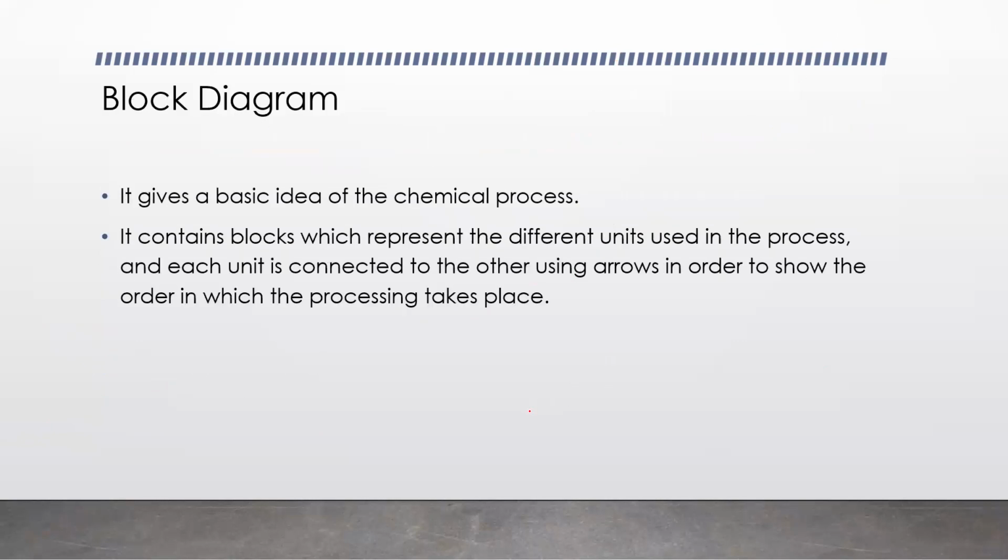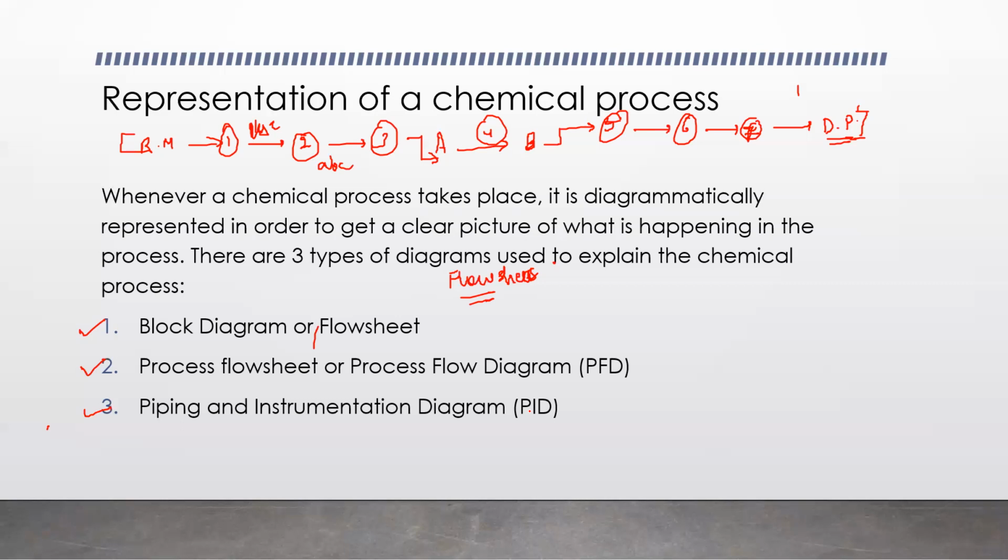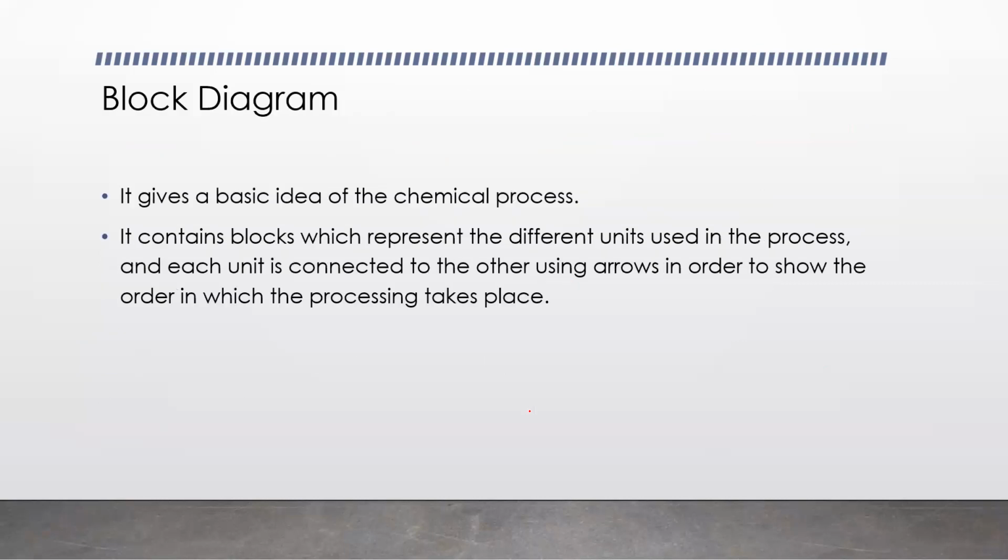So when we talk about a block diagram, it gives us a basic idea of the chemical process. All right. So it contains blocks which represent the different units used in the process. For example, let's consider this process. Raw material goes into unit number 1, unit number 2, unit number 3. Then it gives us A, which goes into unit number 4 to give B, which goes into 5, 6, 7, and then finally we get the finished product.